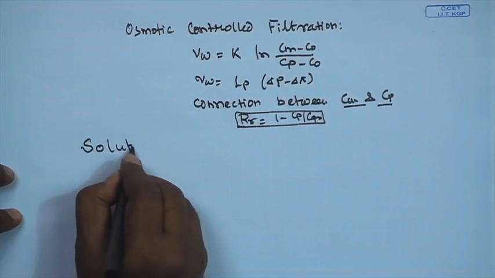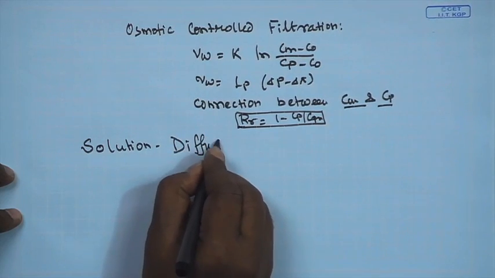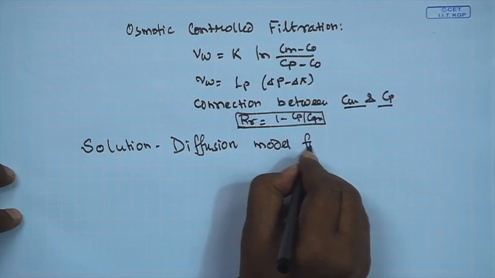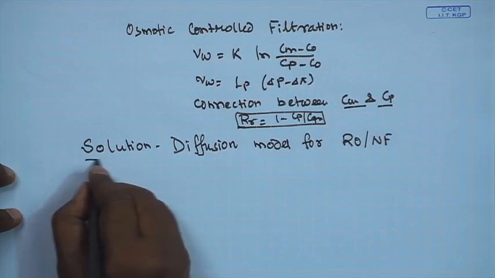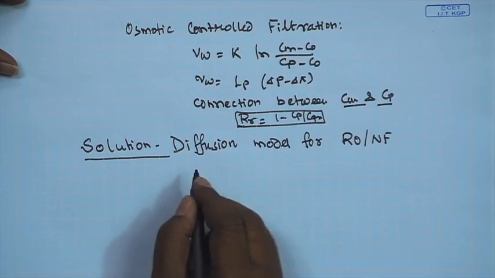So, first we will be talking about the solution diffusion model for the reverse osmosis and nanofiltration, RO NF system. Now let us look into what the various governing equations are.